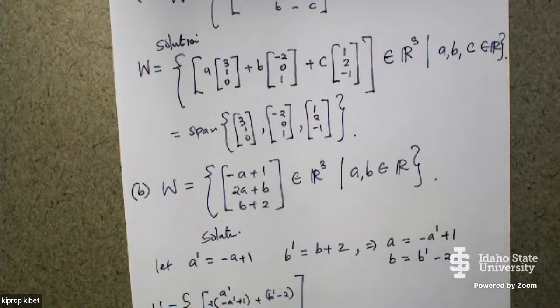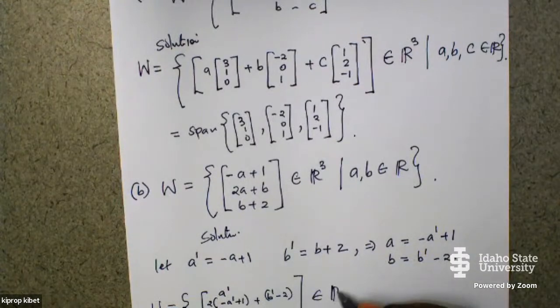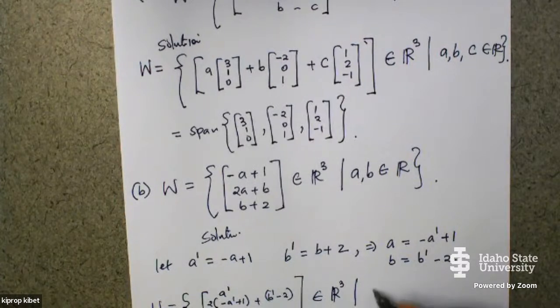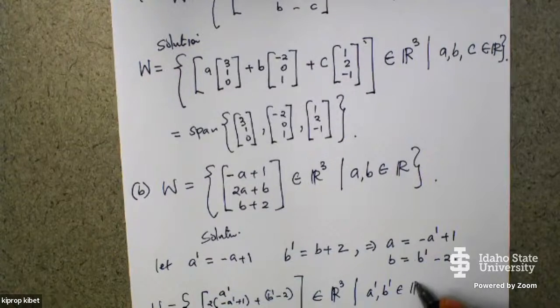And then our last one here is our B prime. So we want to see whether this is an element of R3 such that A prime and B prime is an element of real number.